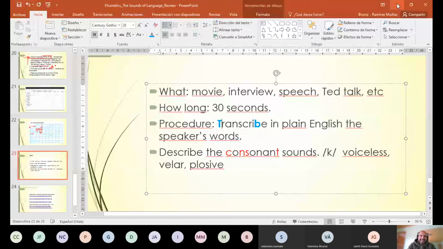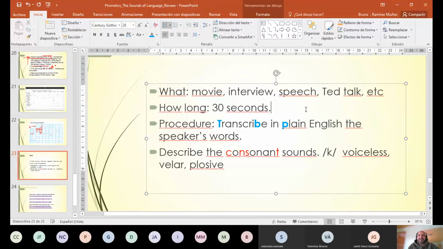And then at the end, Pia can even ask the rest of the classmates a question. Like, for example, in the word plane, the first sound, p, how can you describe the sound p? So, like teaching the class, right?